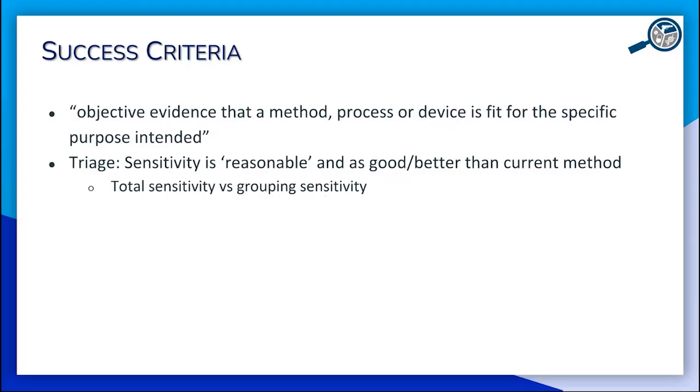If you intercompare all 4 of those items, there's 6 comparisons that can happen. So I might have only 3 matches. So my total sensitivity might be 50%. But those 3 matches might happen to link up all 4 of those items. So my grouping sensitivity could be 100%, but the total sensitivity is 50%. So something to consider there if you're looking at a triage type method.